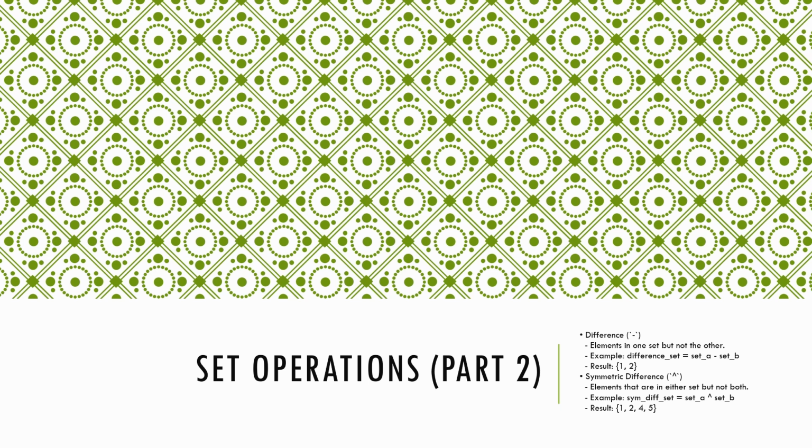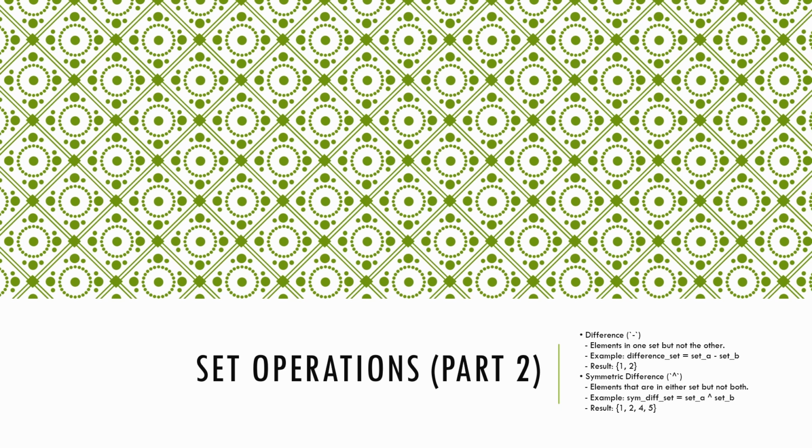Moving on to more set operations, the difference operation, denoted by a minus sign, returns elements that are in one set but not the other. For example, set A minus set B will give 1, 2 because these are elements in set A that aren't in set B. The symmetric difference, denoted by a caret, gives elements that are in either set but not in both.